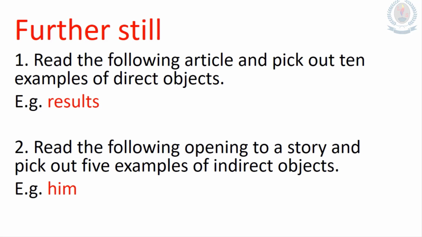Second one. Read the following opening to a story and pick out 5 examples of indirect objects. Here you should find indirect objects. First of all, you should find the direct object. Then you can easily find the indirect object. Look at the first one: I told him the bad news on a dark, sinister night in November.